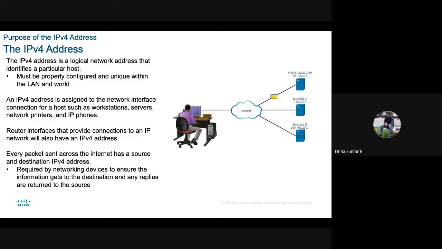So the purpose of IP addresses, that is why we discuss this network layer introduction. As you know, you need a router to get outside of your local network, right?